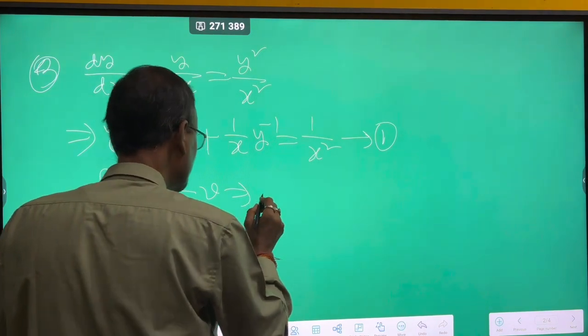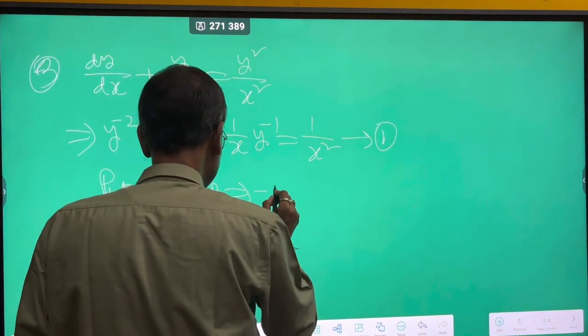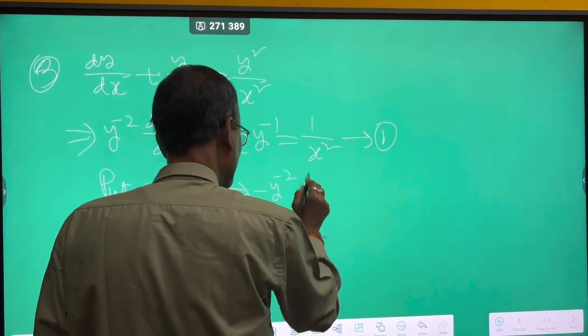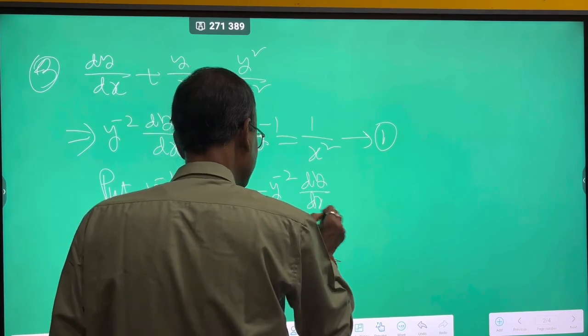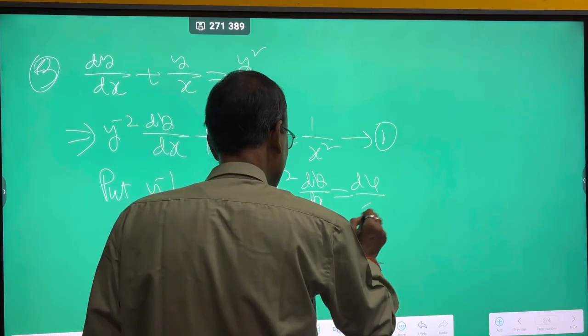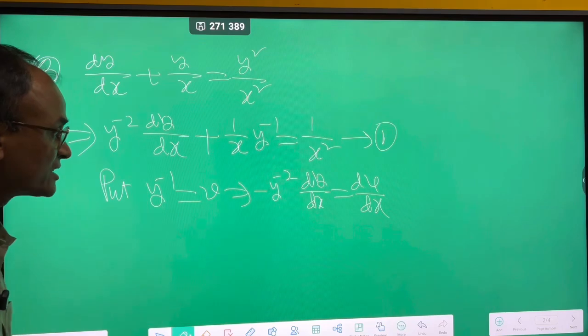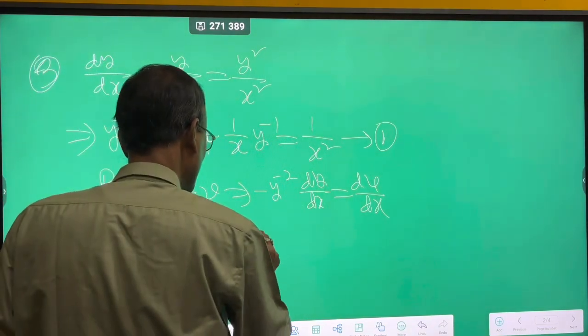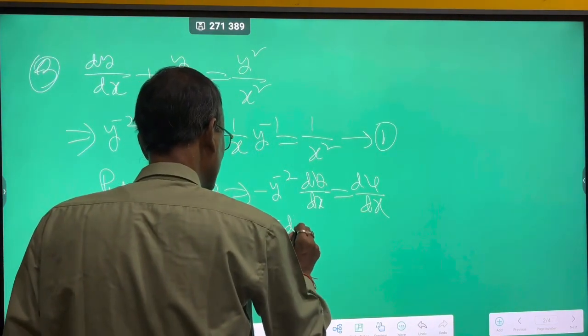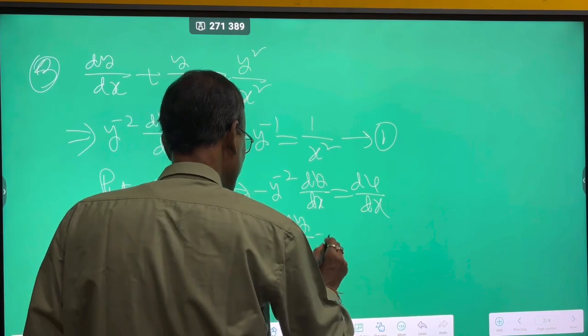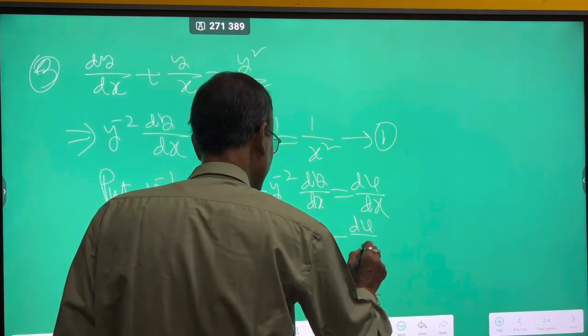This means differentiate this: minus y to the power minus 2 dy by dx equal to dv by dx, or y to the power minus 2 dy by dx equal to minus dv by dx.